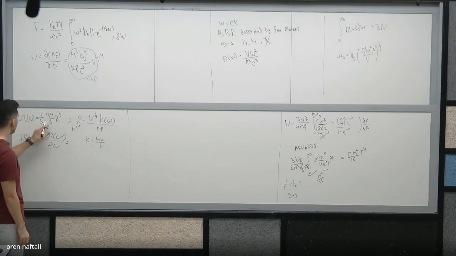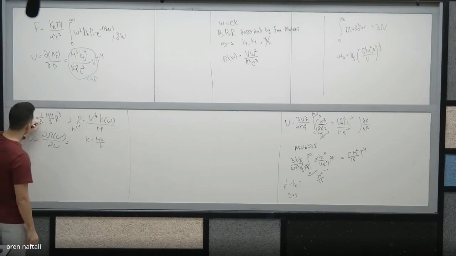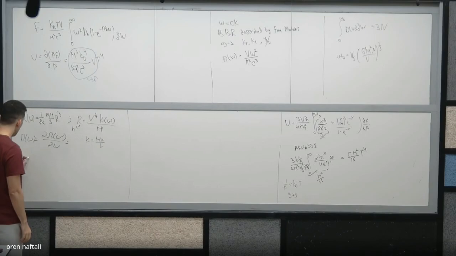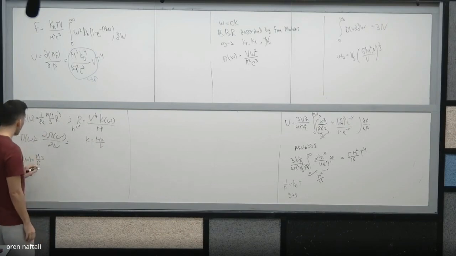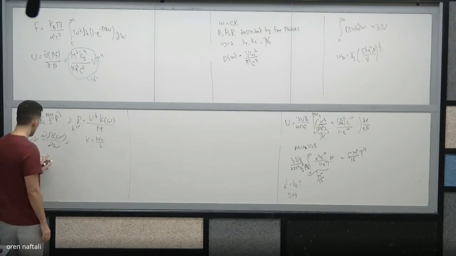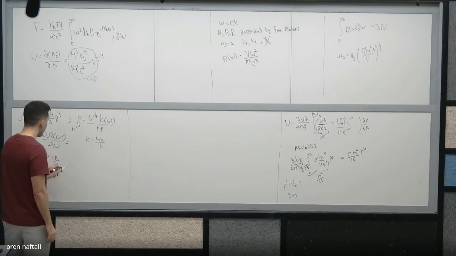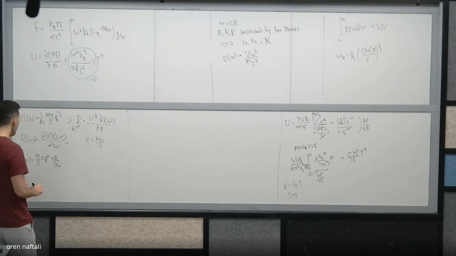So d omega is just pi over 6, 3 r squared dr. Okay.